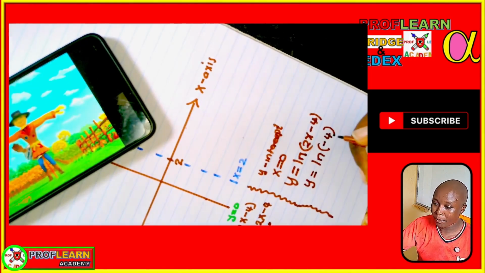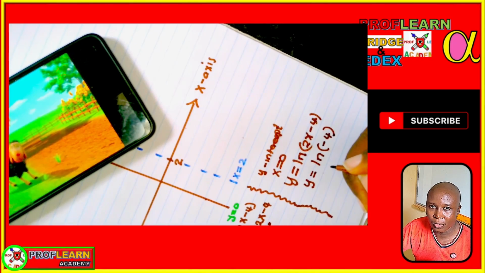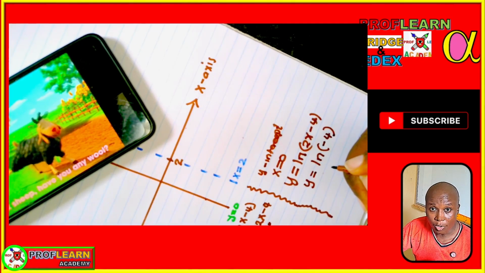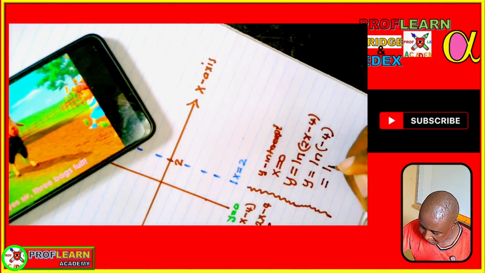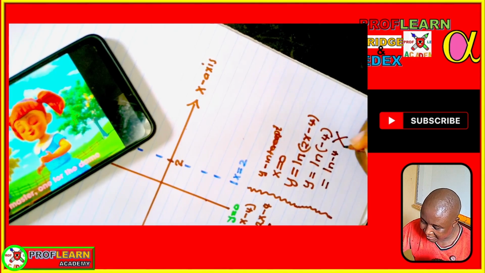We cannot find the natural log of a negative number. If you put ln of minus 4 in the calculator, it does not exist.